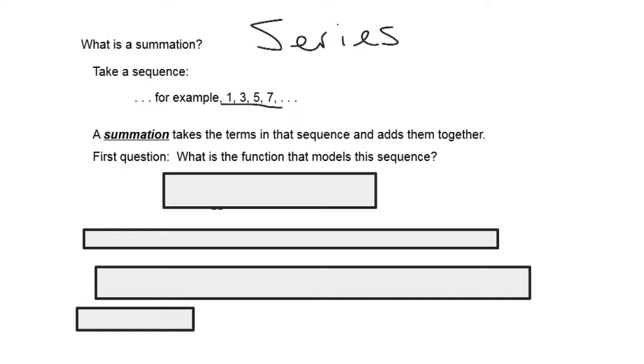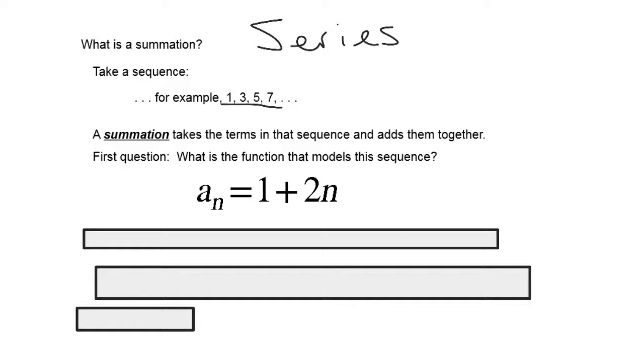Here is the function. So when n equals 0, a sub 0 equals 1. 2 times 0 is 0 plus 1 is 1. When n equals 1, 2 times 1 is 2 plus 1 is 3, and so on and so forth. So here's our function.